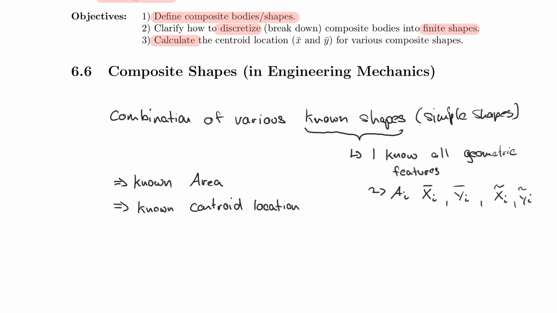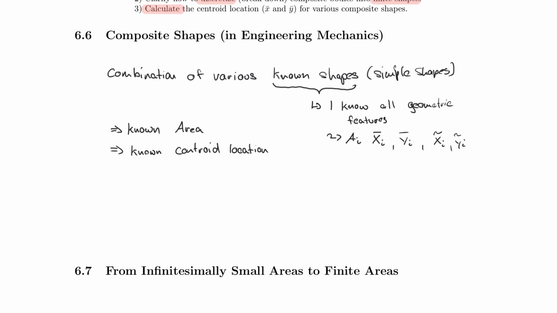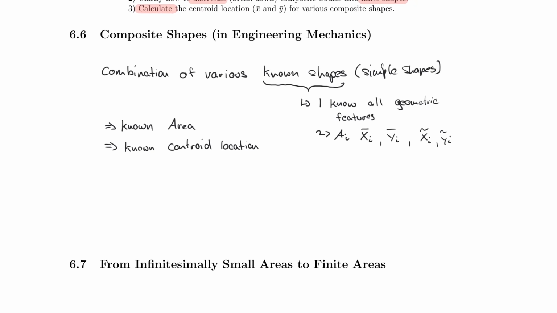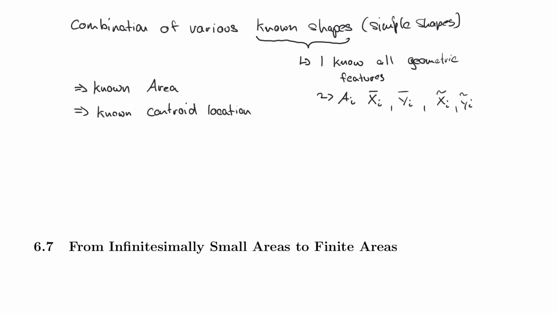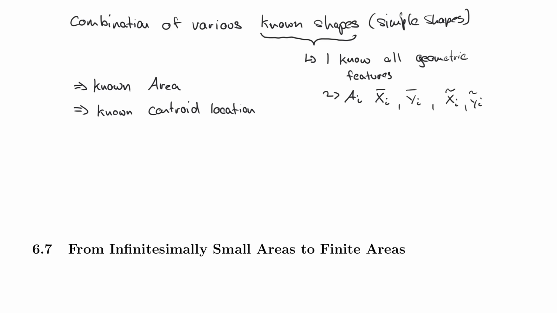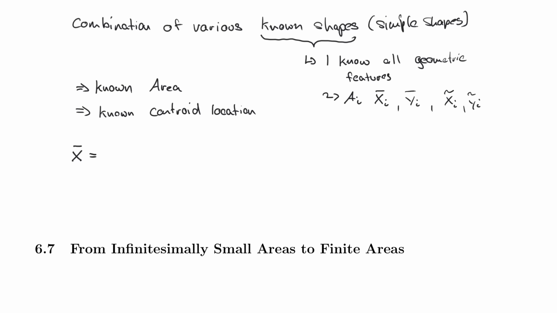And now, if you remember what we talked about last class, you can probably already guesstimate where we're going with this. So for example, our formula last class was X bar equal to the infinite summation of X tilde dA divided by the summation of dA.